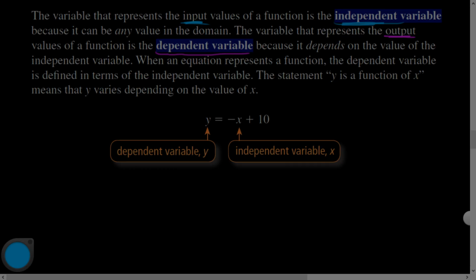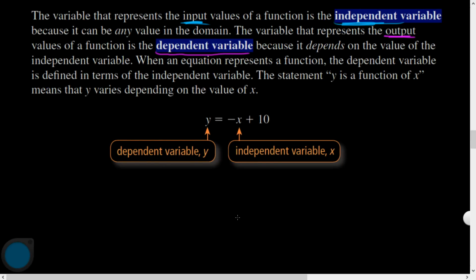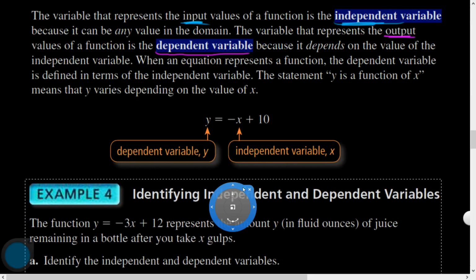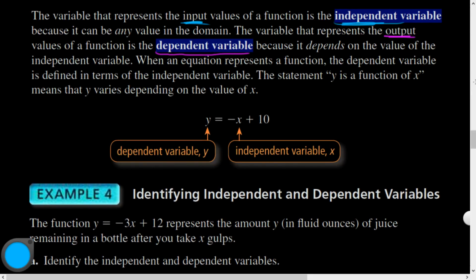So let's do example 4 together. I give you a problem, you solve the problem. Here we go. All right, so we've seen today ordered pairs, mapping graphs, actual graphs, equations.